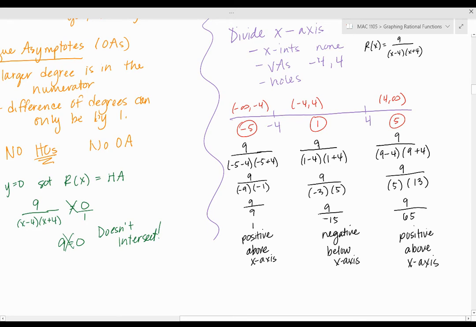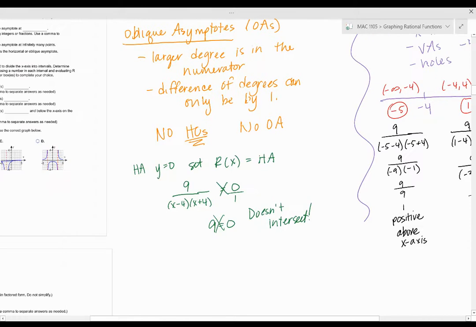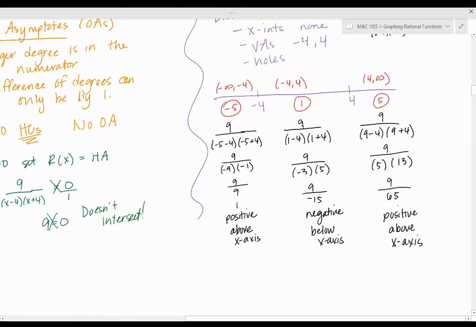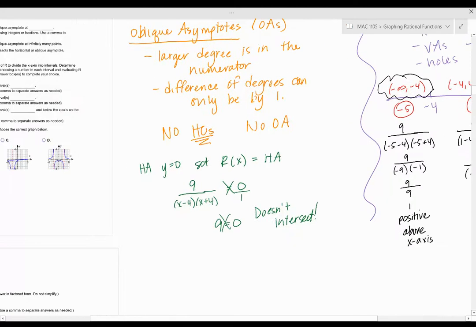So knowing that information, let's see if we can go back and answer the question. It says that the graph of R is above the x-axis on these intervals. We said that it's above from -infinity to -4 and from 4 to +infinity.